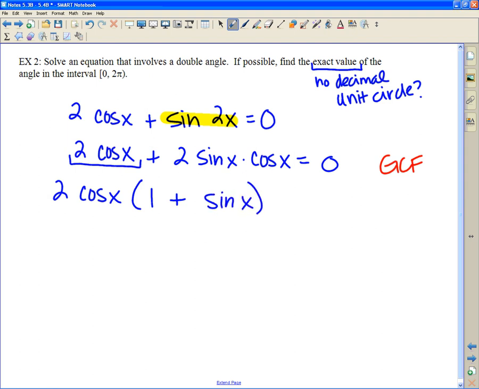And you can always double check. 2 times cosine times 1 is 2 cosine. 2 times cosine times sine is 2 times cosine times sine. Okay, the multiplication property of 0 states that this has to be 0 in this equation, or this has to equal 0.